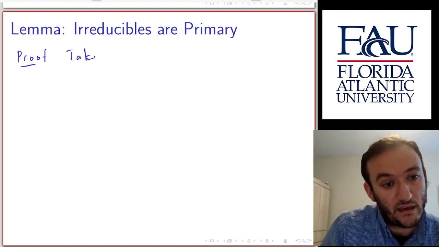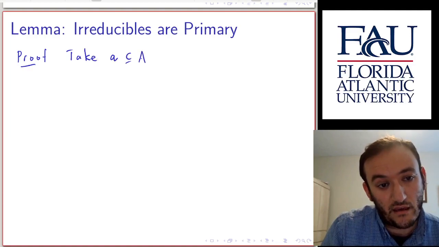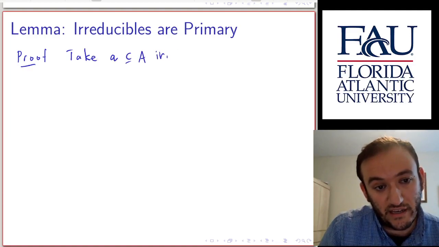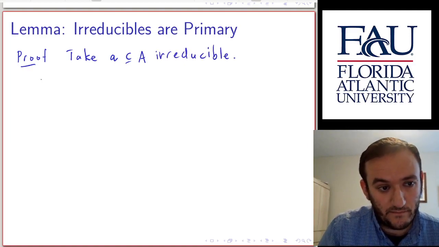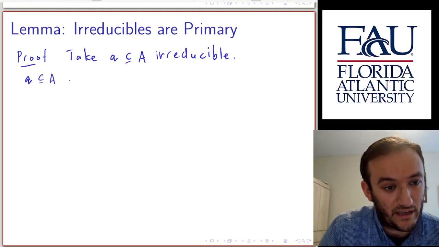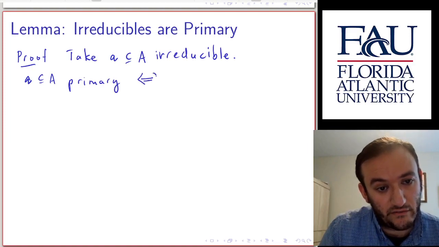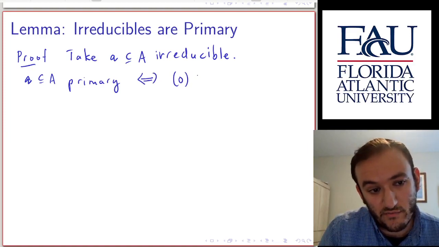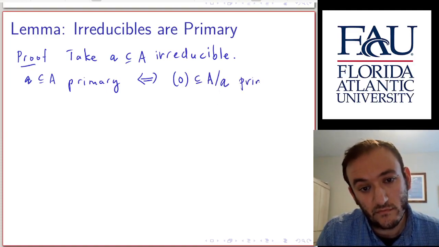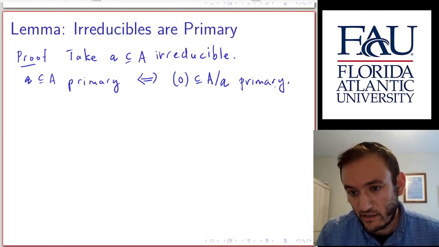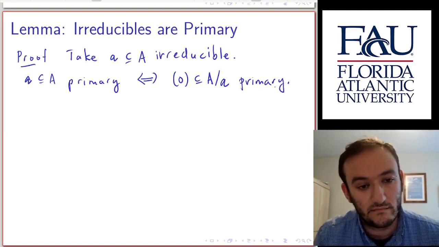So we'll take A in A, an irreducible ideal. Okay. So plainly, A is primary in A if and only if 0 is primary in the ideal A mod A. Okay, and you can check that the conditions line up perfectly.